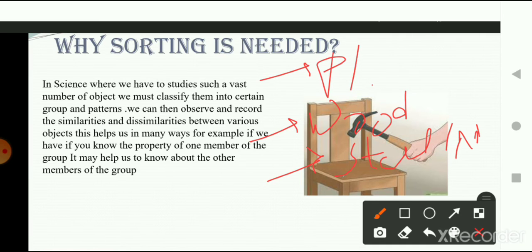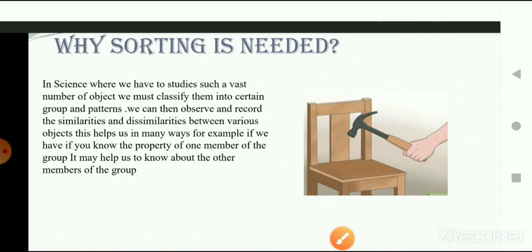But if we think about making a chair with a material like paper, or let's say with a piece of cotton cloth, we cannot make it. Why? Because a chair should be hard and have the capacity to hold a person.